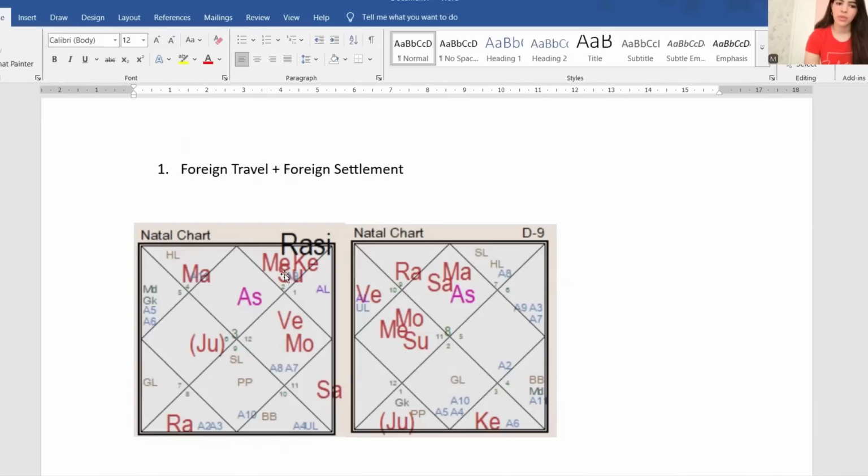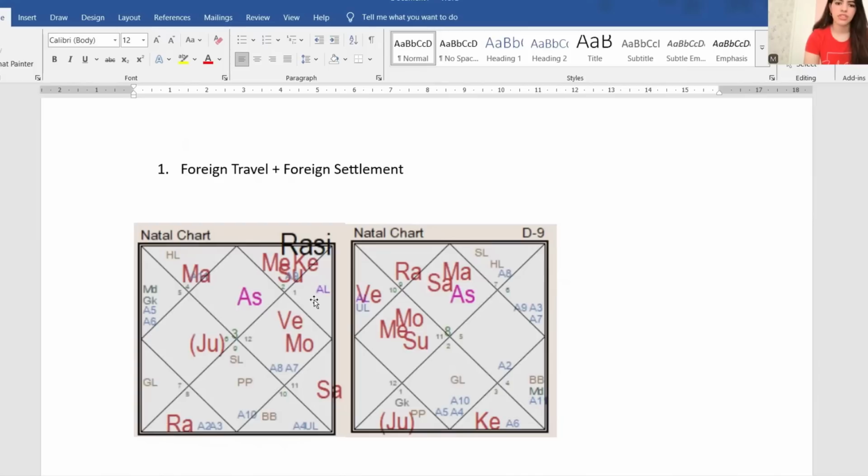But at the same time, we also see that Ketu is aspecting the fourth house. And the fourth lord has gone in the 12th house with Ketu. So in that sense, the affliction is coming. So there can be a possibility that on the face of it, the fourth house appears very beautiful. But when you see deep down inside, you will see that some affliction will be there to the fourth house. Without the affliction, the person cannot move to a different country.